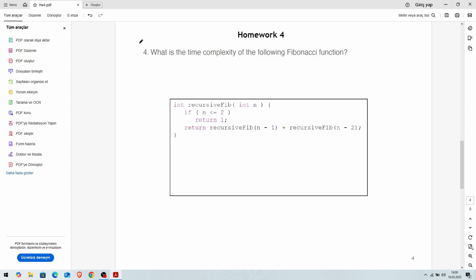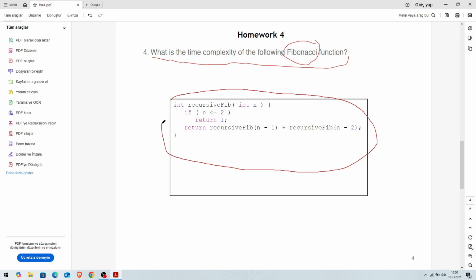In the fourth question, what is the time complexity of the following Fibonacci function? This is the classic naive recursive implementation of Fibonacci, which recomputes many values repeatedly. Its time complexity grows exponentially with n.